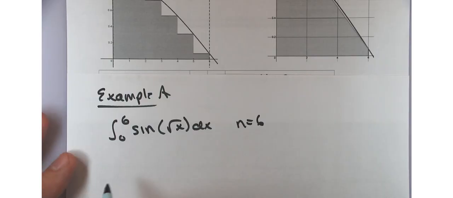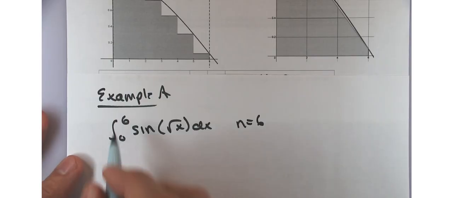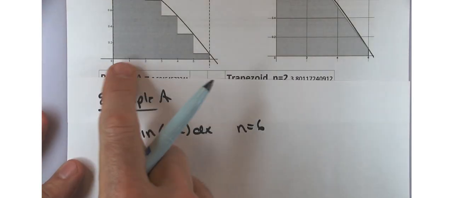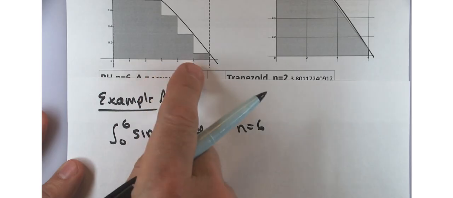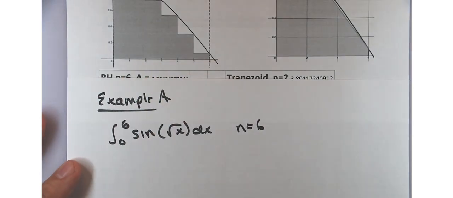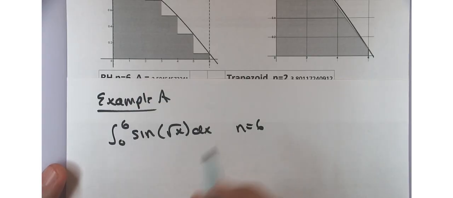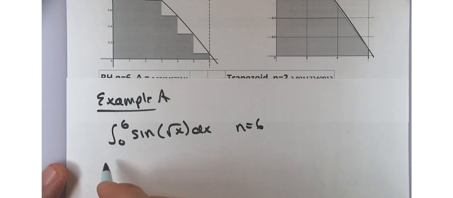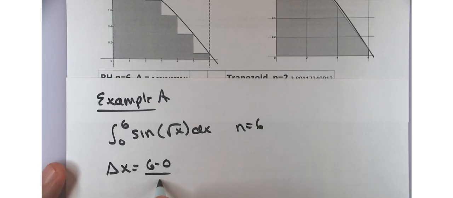All right, so let's keep track of some of our points here. 0, 1, 2, 3, 4, 5, and 6. So there's really 7 endpoints that contain this interval. That's okay. There's still 6 subintervals. We'll start by calculating delta x. Delta x is going to be 6 minus 0 divided by 6, and that's going to be 1.